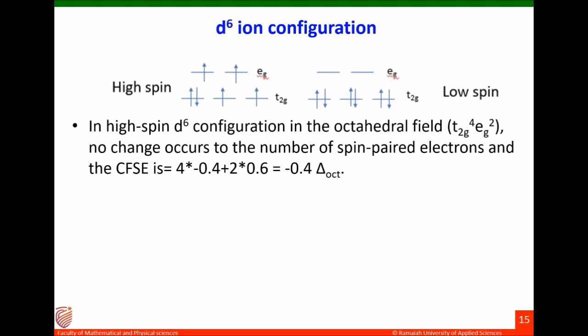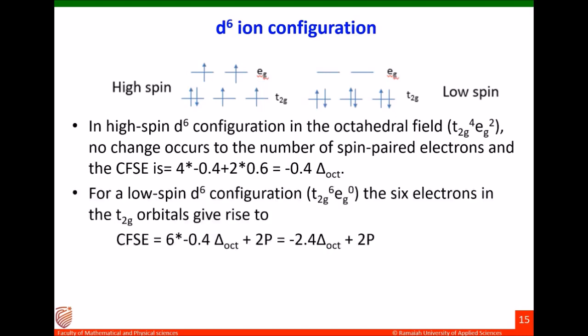So we can calculate the crystal field stabilization energy for a d6 configuration in a high spin complex. The value will be 4 into minus 0.4 plus 2 into 0.6 equals minus 0.4 delta octahedral.